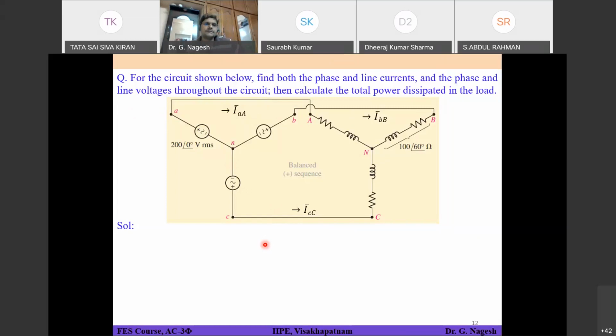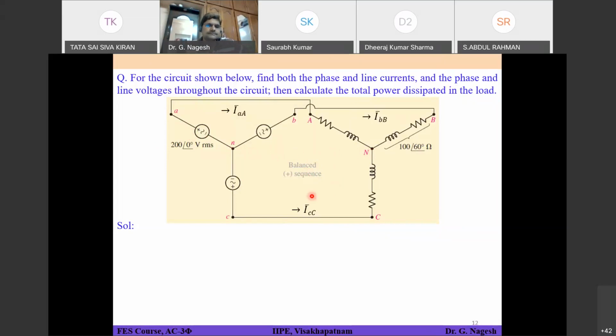So one phase voltage is already given, and they are saying it is a balanced system and we are considering positive sequence. When I say balanced system, even though I don't connect a wire between small n and capital N, that means the neutral of source and neutral of load, by default there is some wire and it carries no current because it is a balanced system.